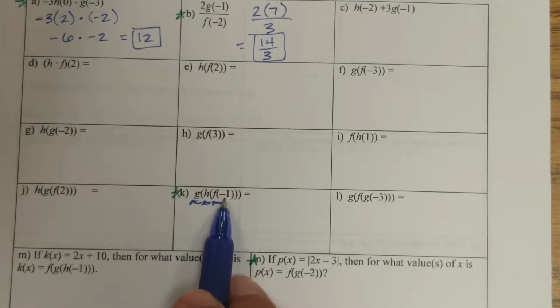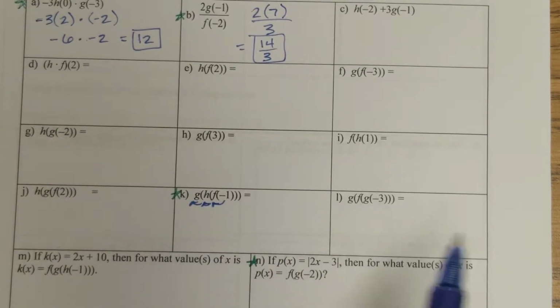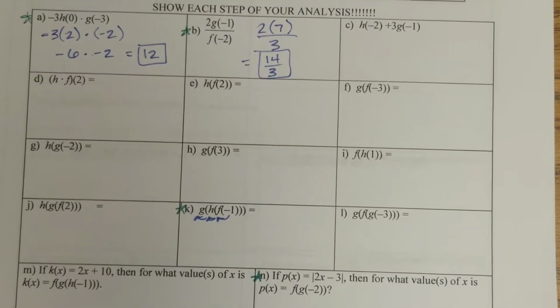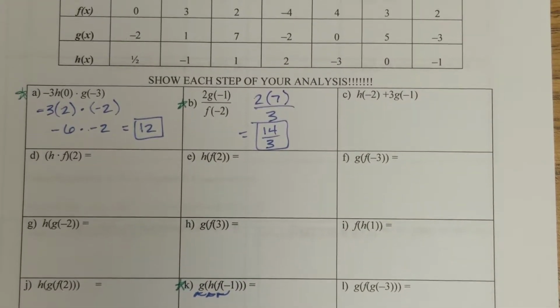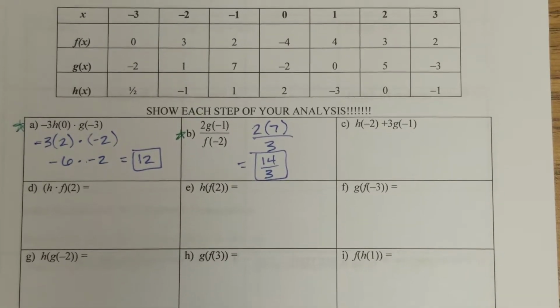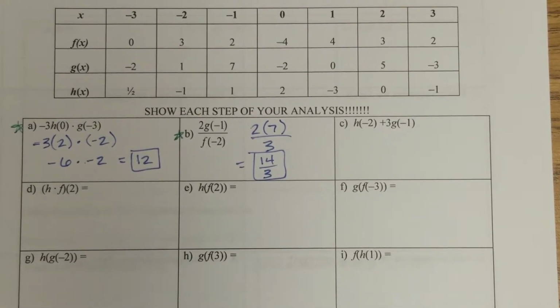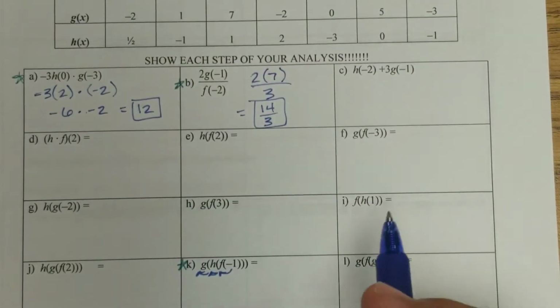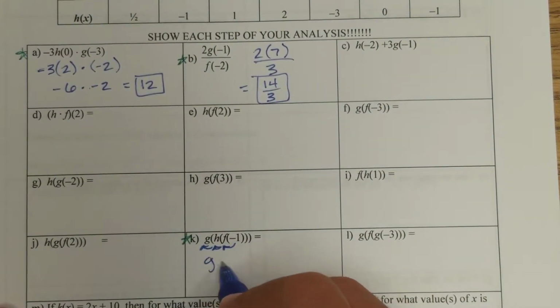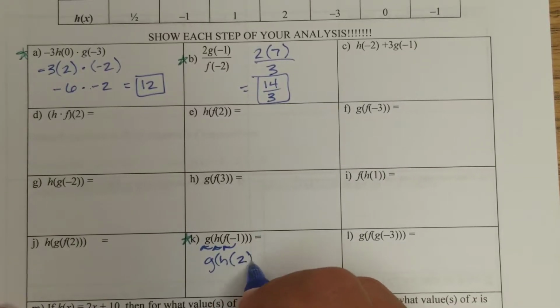If you go back to the top of the table, let's see if I can zoom out a little bit and get it all in there for you. I'll just be sliding the paper back and forth. So f of -1 is 2. So now we're looking at g of h of 2.